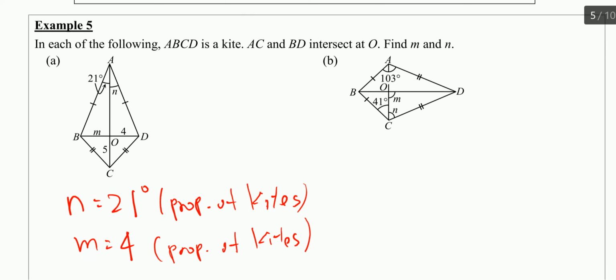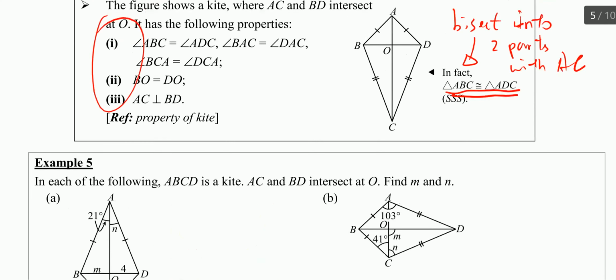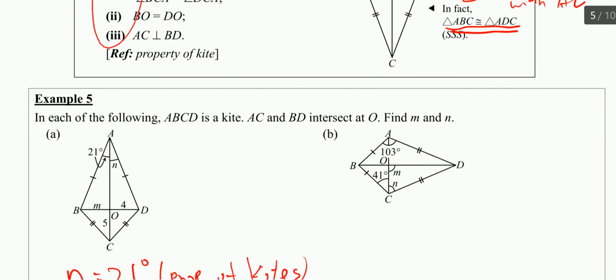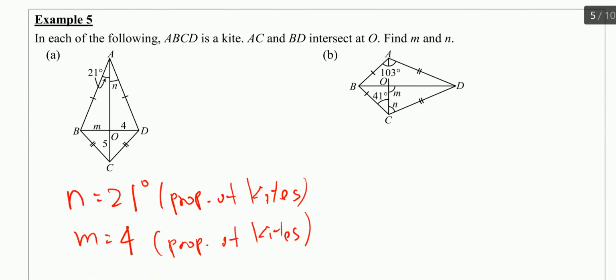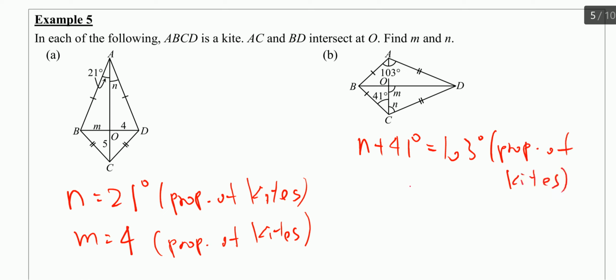For part B, again we can make use of the ideas. Here we know that m plus 41 should equal 103 degrees, and n equals 62 degrees.